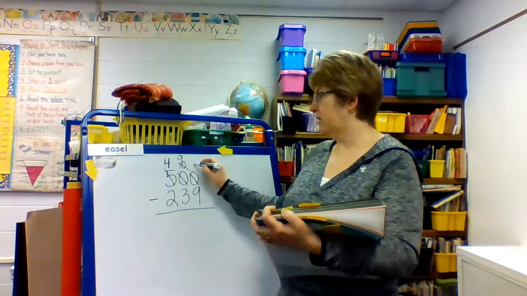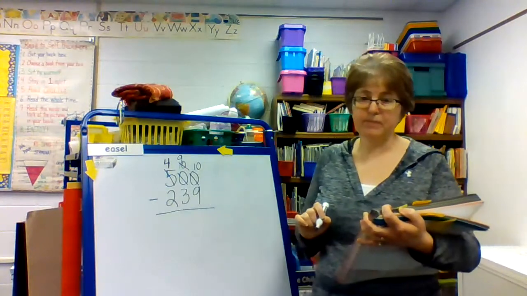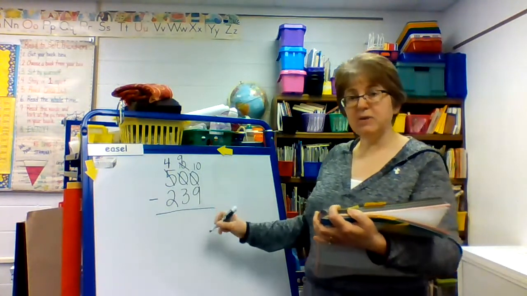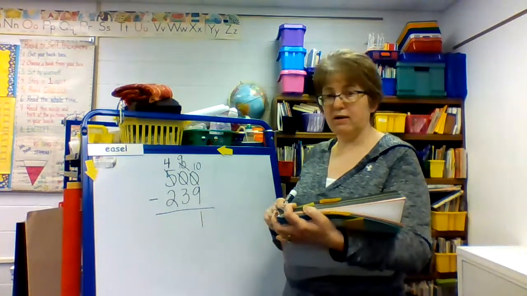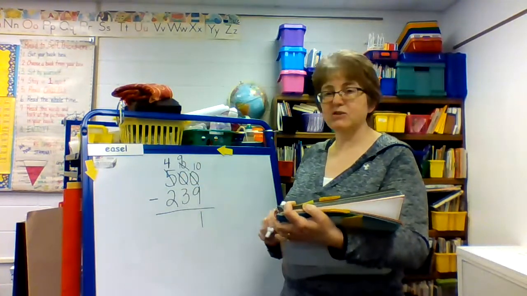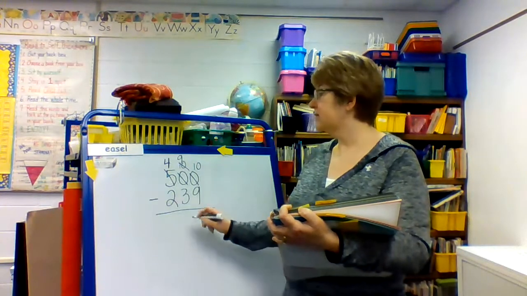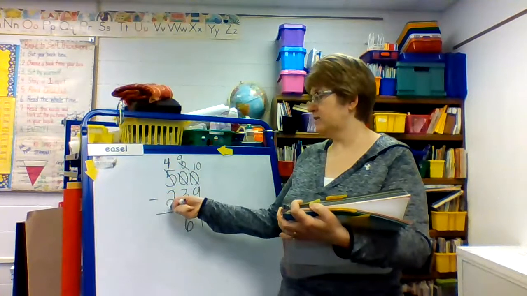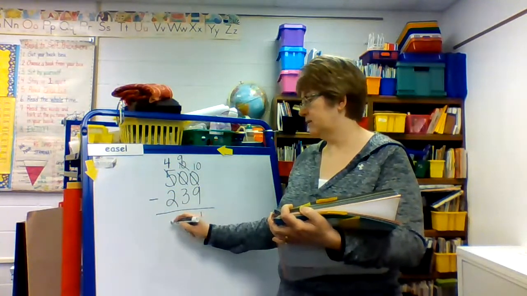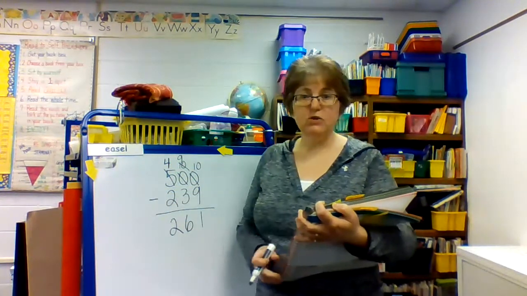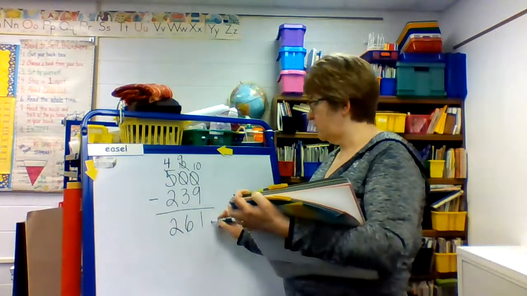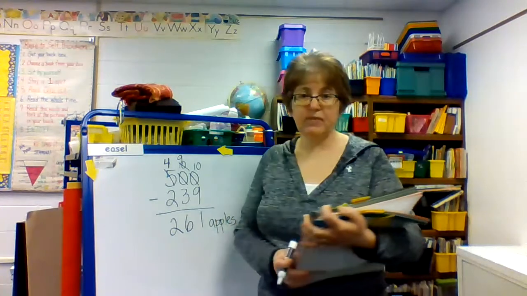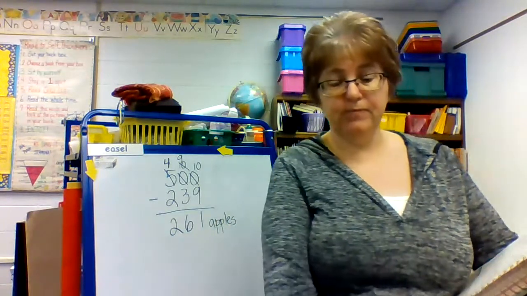And the ones becomes a 10. 10 minus 9 gives me 1. 9 minus 3 is 6. And 4 minus 2 is 2. So we have 261 apples. That's how many were served at lunch.